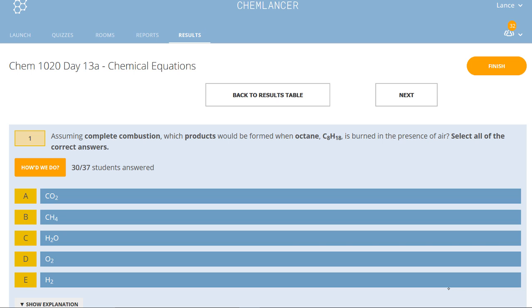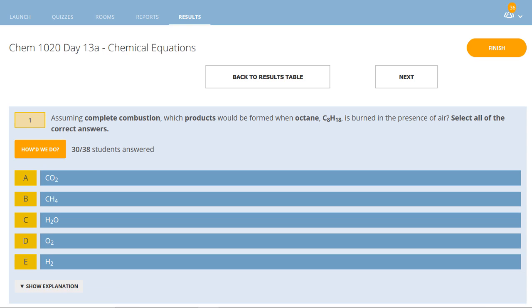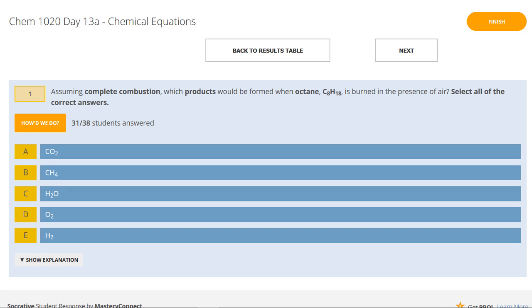You had several questions waiting for you on the Socrative app today. The first three or four pertain to the question we ended with a week ago today: write an equation that shows the complete combustion of octane.